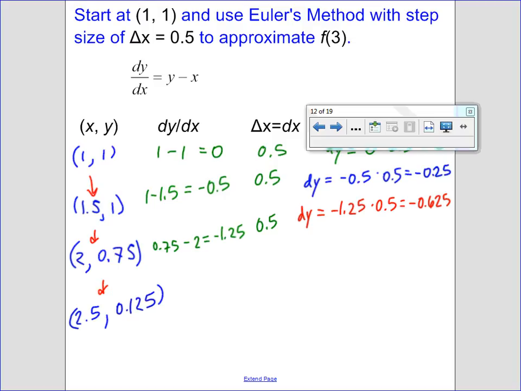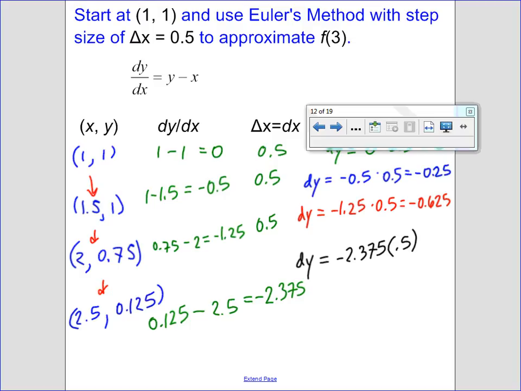Oh, challenge lost. 0.125 minus 2.5 equals negative 2.375. So then, looks like negative 2.375.